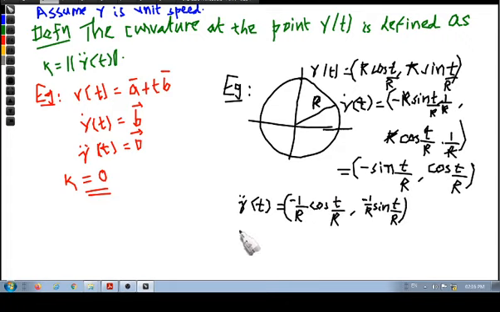What is kappa? Kappa is equal to the norm of this vector, so it is 1 by r. So as expected, when r increases, kappa decreases, and when r decreases, kappa increases. So larger circles have larger radius and smaller curvature, and smaller circles have smaller radius and larger curvature. Thank you.